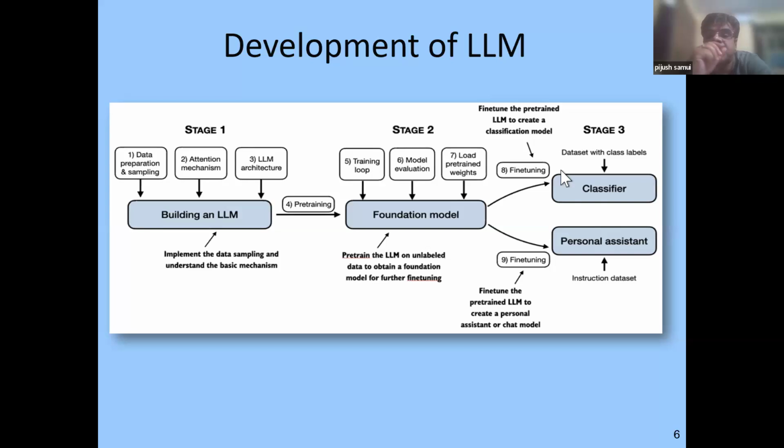That means you give the data set with labels, whether the slope is a stable slope or a failed slope, and then the model gives the classifier, whether the slope will be stable or will fail. So fine-tuning is one of the important steps for developing the LLM model.